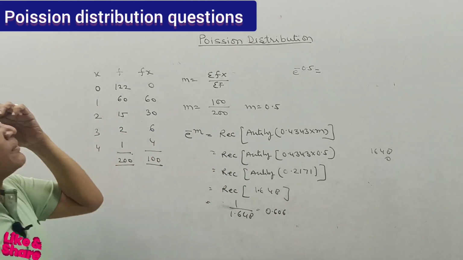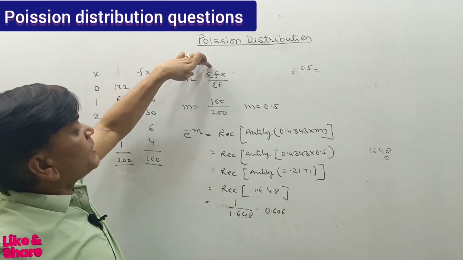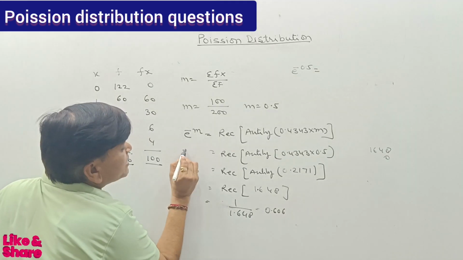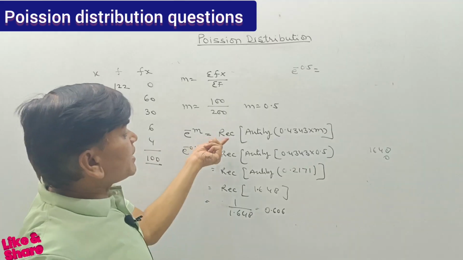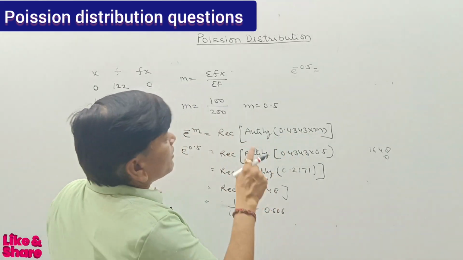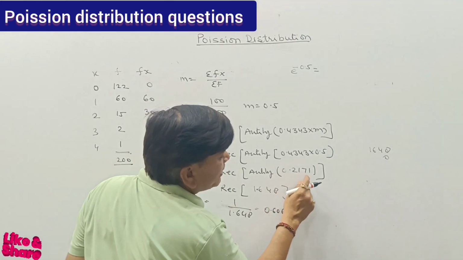So first, what we will do is get the arithmetic mean, that is 0.5. For getting e raised to power minus 0.5, the m value is 0.5. So that is the reciprocal of the antilog of 0.4343 multiplied by m. We put the value 0.5 and multiply, that is 0.217.